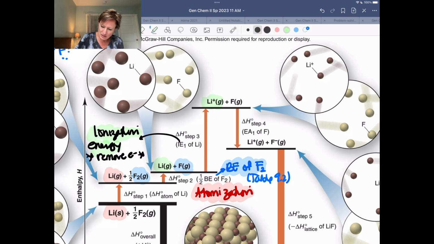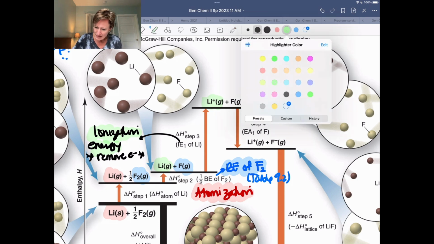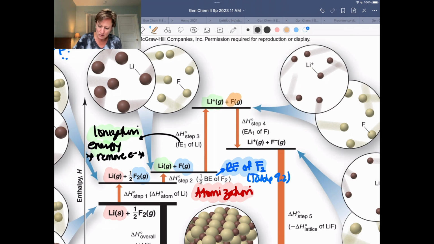The next piece that we're going to have here is we are going to take and make the other ions. We're going to take fluorine as a neutral atom and we're going to take fluoride as an ion. And this is electron affinity, or EA.